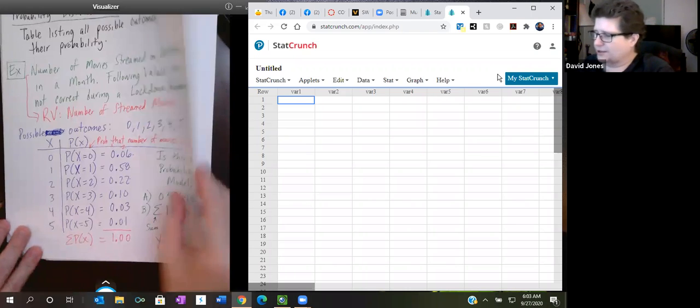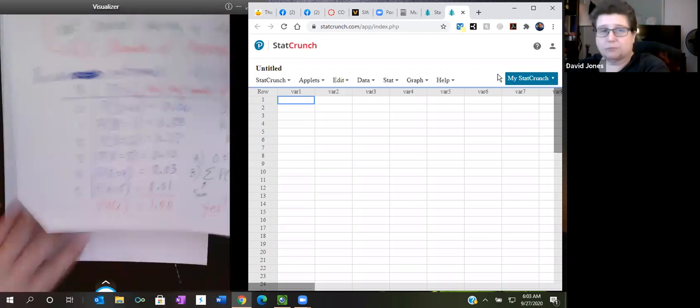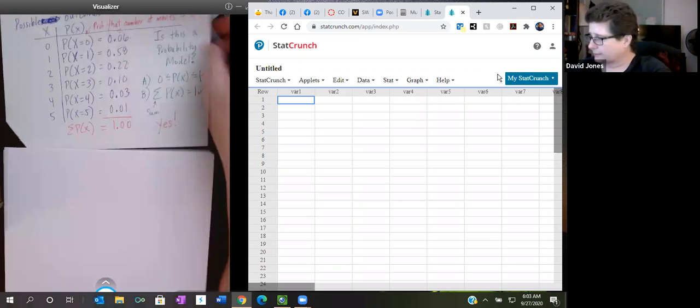Now, there's a chance you might get the data presented to you as a probability histogram. We could look at that real quick.